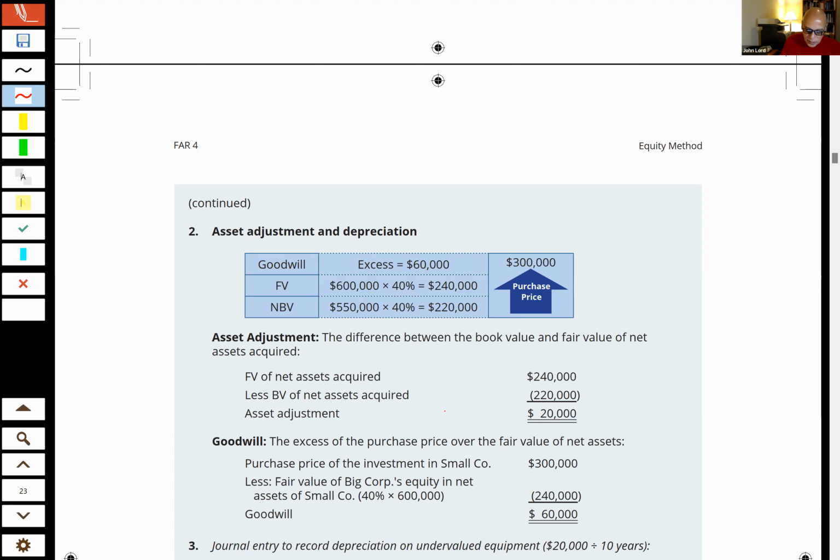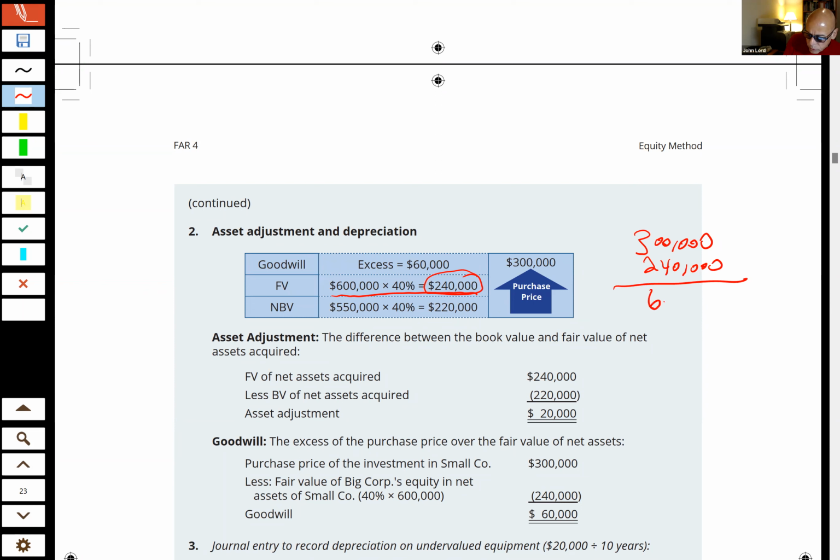So they tell us that I paid 300,000, and for 300,000, I got what? I got 40% of something that had a fair value of 240. So if the question were posed to me, what is the implied goodwill?